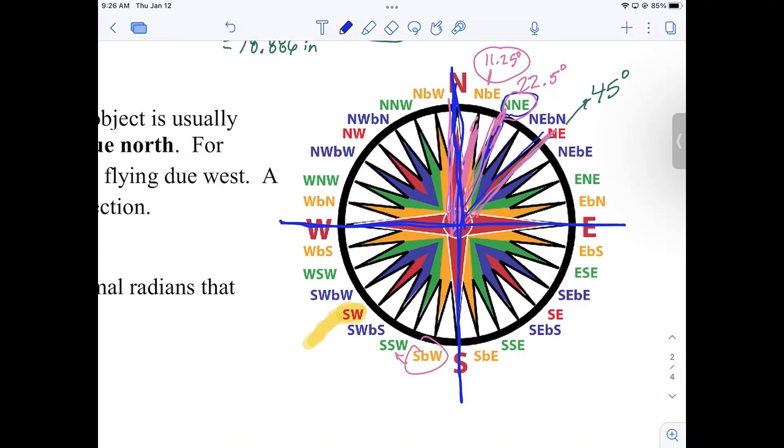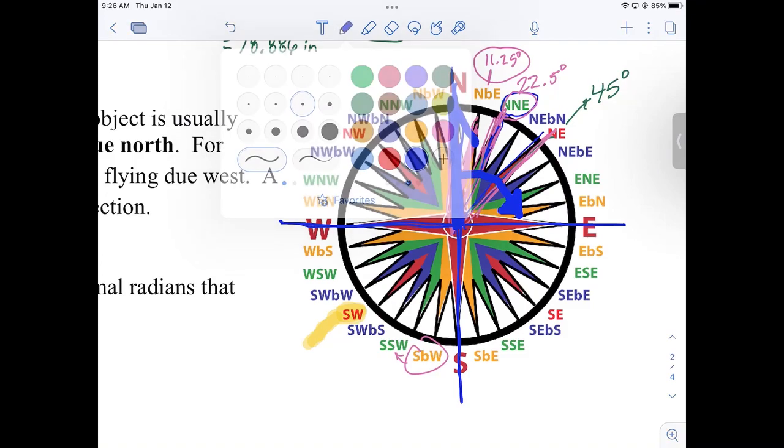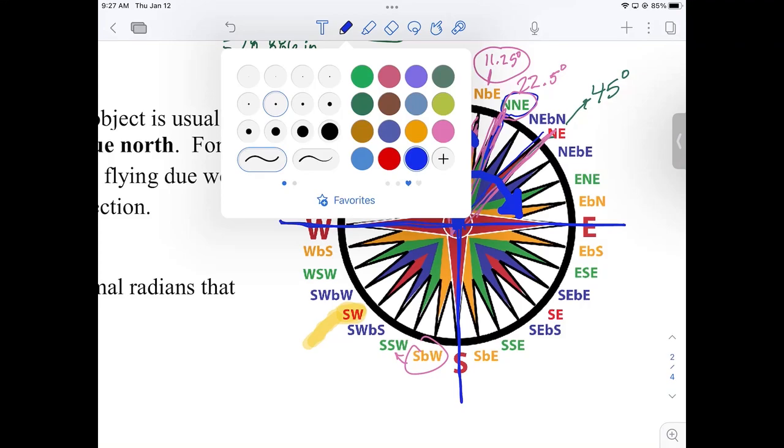But when you're talking about navigation, navigation always starts due north, and it rotates clockwise. Now, it's still 360 degrees all the way around, but we're starting at a different place, and we're rotating in a different direction. So I just want you to be aware that there are different orientations on the same thing for different reasons, okay? This is in a different field of study.